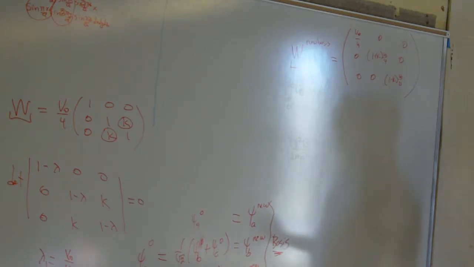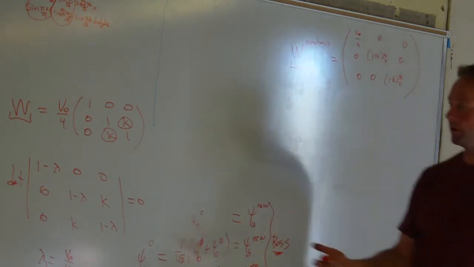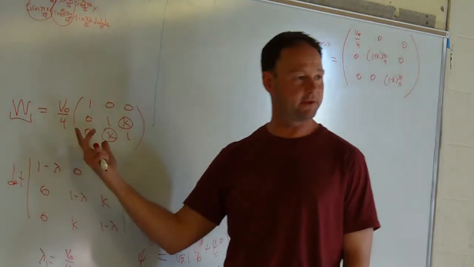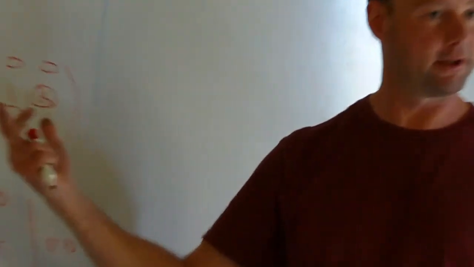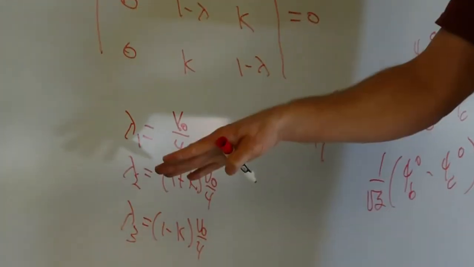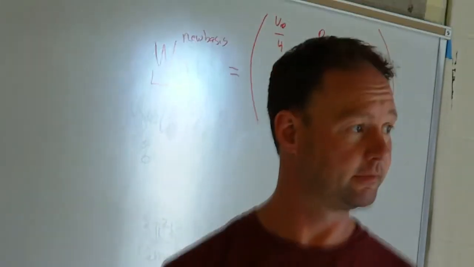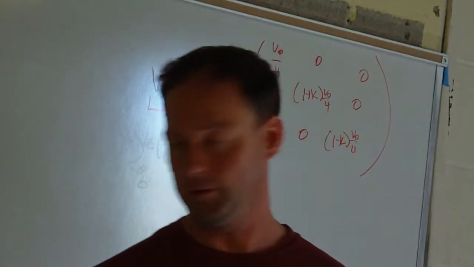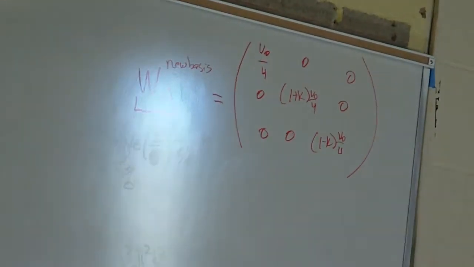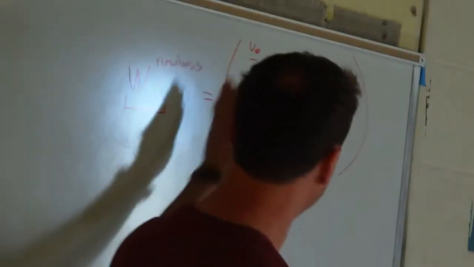And that's why it's called matrix diagonalization. When you start with a matrix that isn't a good basis set, and then you find the eigenvalues and the eigenvectors, those eigenvectors are the good basis set, which lets you create the diagonal matrix that you want. So if you created this matrix right here, it would be diagonal.